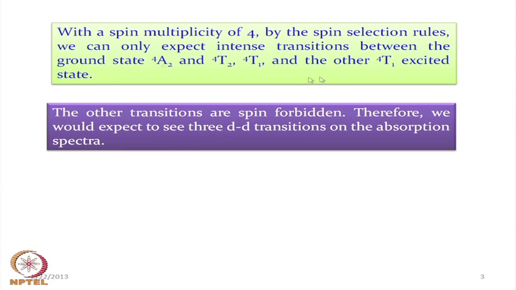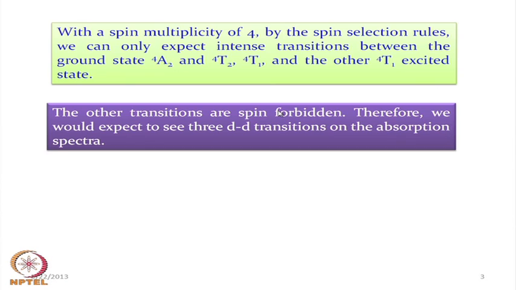The restriction from the spin level is that with a multiplicity of 4, we should only consider the excited states having the same spin multiplicity. The other transitions are therefore spin forbidden.